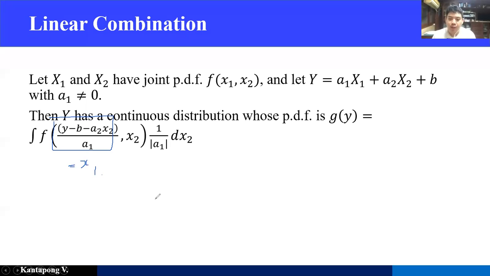And then we multiply by the inverse, and then we differentiate. And we integrate over X2, because we have to find it in terms of X2, and we use this to flatten out.